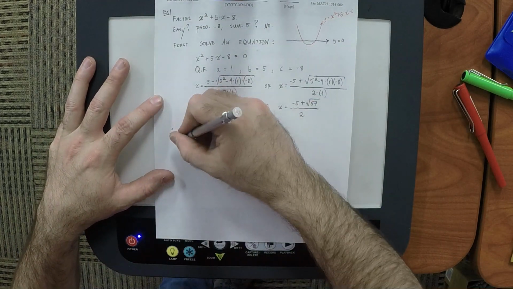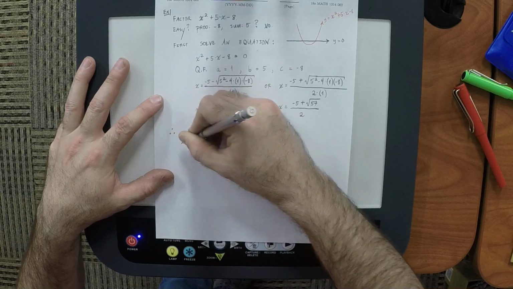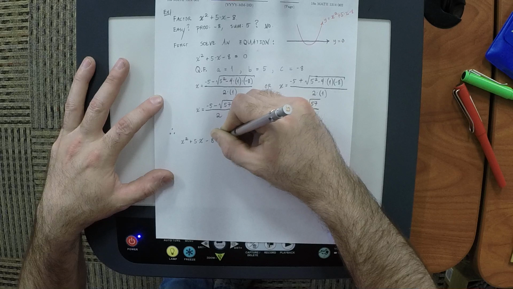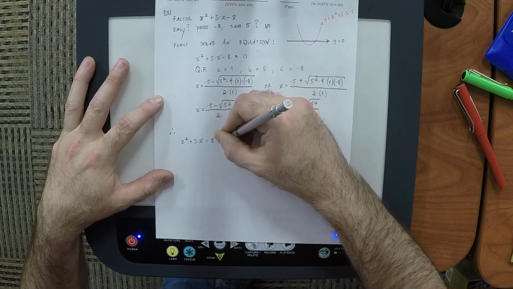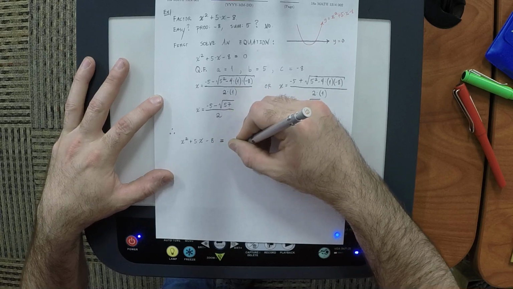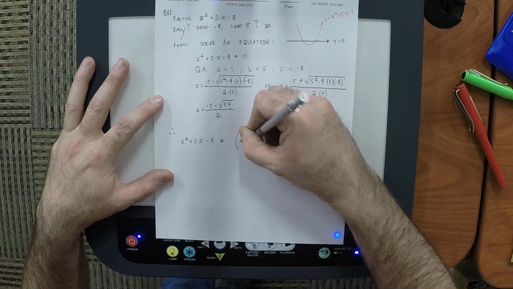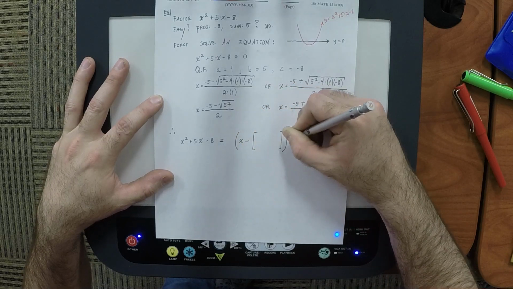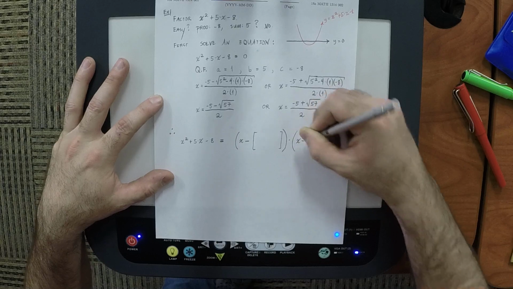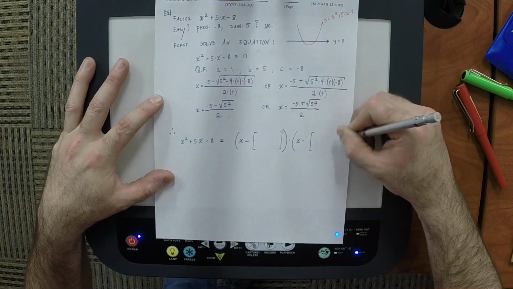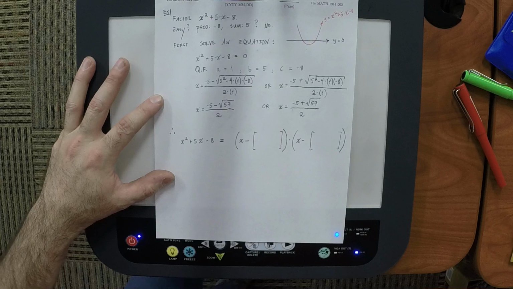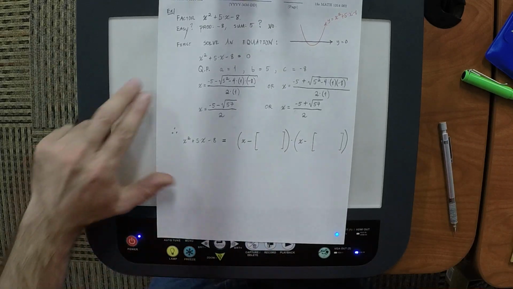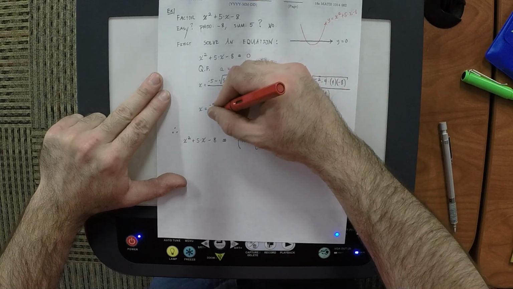So that's telling us that x squared plus 5x minus 8 has to factor in the following way. X minus something goes there, multiplied by x minus something goes there. What goes in the slots? Those things go in the slots.